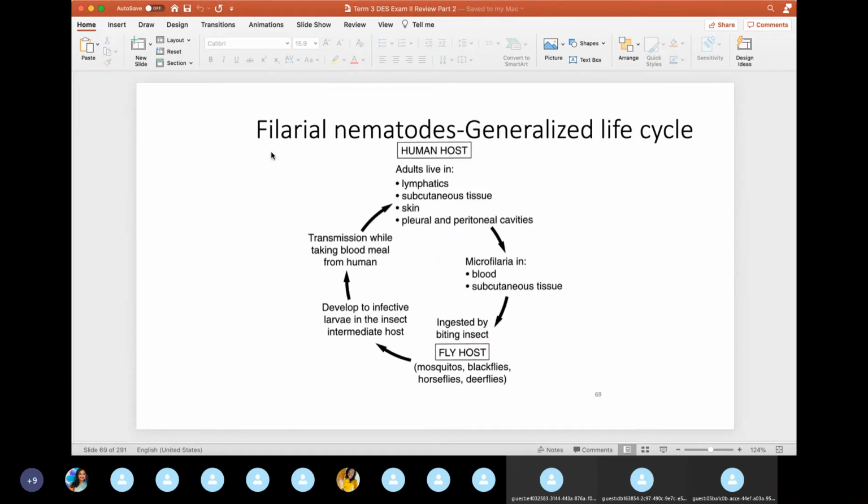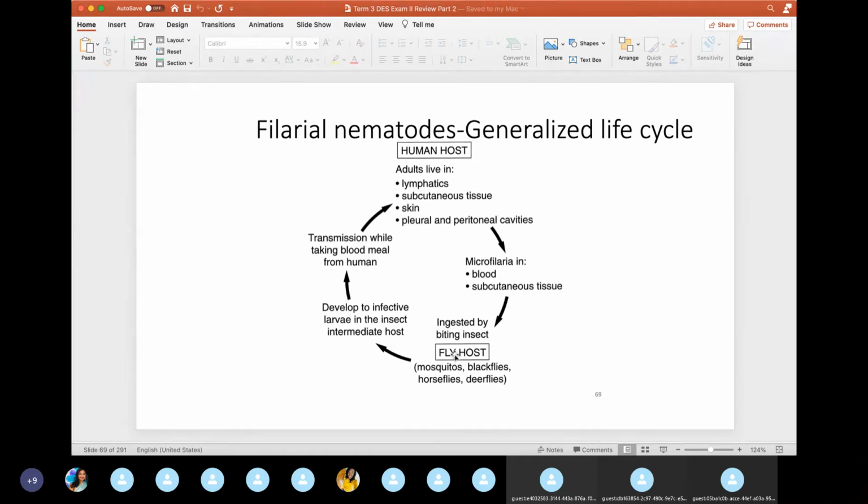Filarial nematodes, put a star here. So first, they live in the fly: mosquitoes, black flies, horse flies, or deer flies. And they develop to infective larvae in your insect host, right? Then what's the mode of transmission? Taking a blood meal, all right?